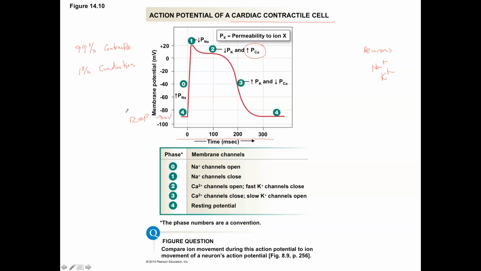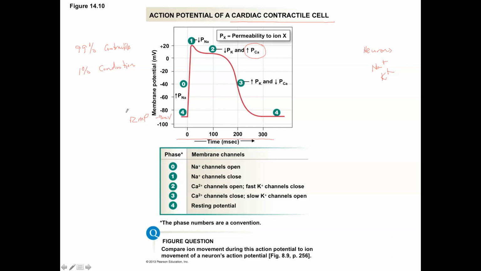When there is a depolarization wave that comes from the conduction system of the heart, as electrical activity is spreading throughout the heart, we're going to see electrical signals moving through intercalated discs, through gap junctions, and that's going to affect the resting membrane potential of the cardiac contractile cells.